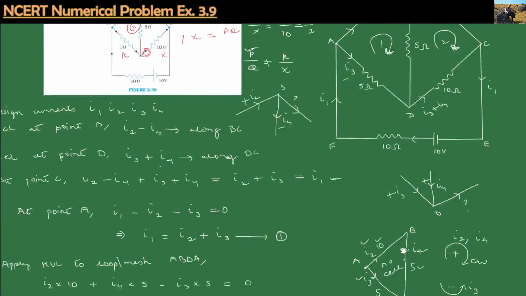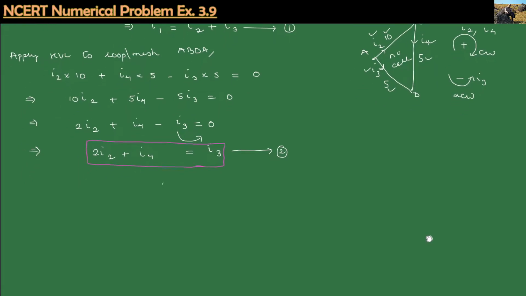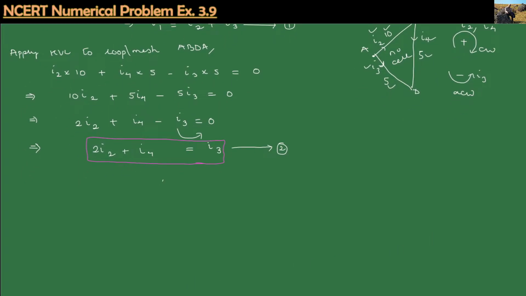So from here we will apply Kirchhoff's voltage law on that loop BCDB. Let us write: applying Kirchhoff's voltage law to loop BCDB.